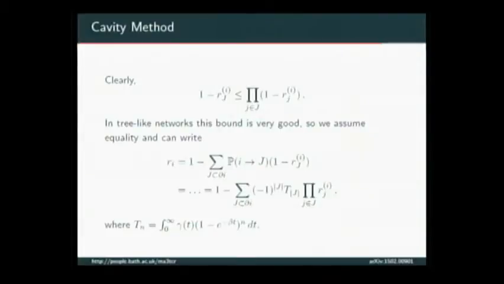Now I care about this sequence of numbers tn, which involves 1 minus e to the minus beta to the power n integrated over the lifetime. So I really care about the detail of the lifetime distribution. So different diseases, each with the same T, so the same transmissibility, will be more or less likely to actually cause outbreaks depending on their lifetime distribution.